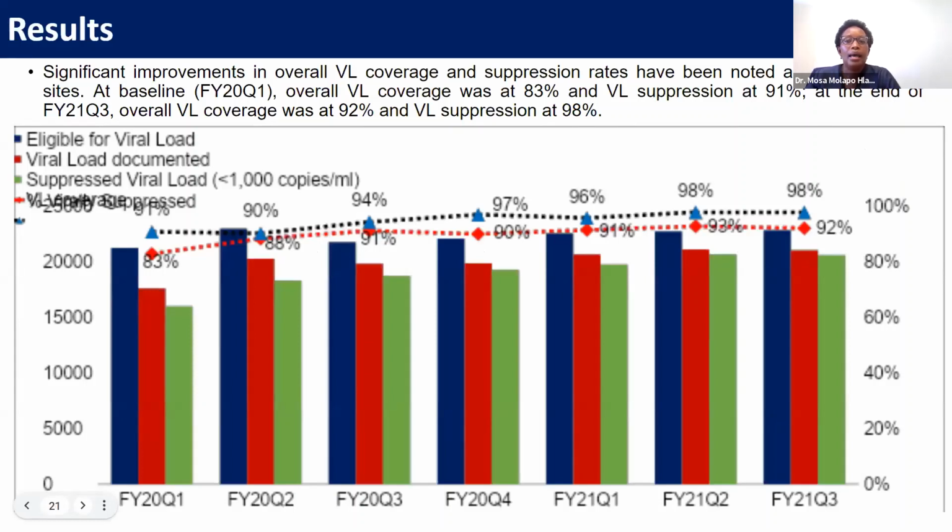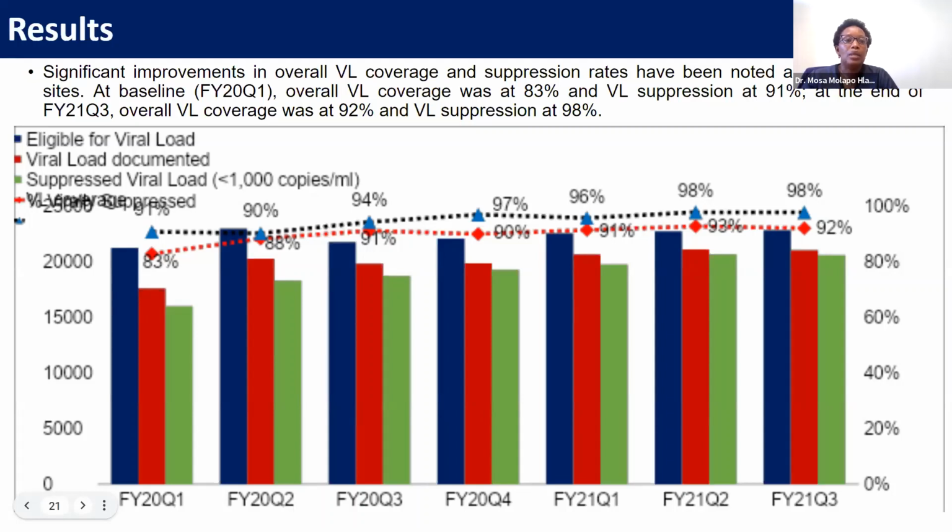Just a snapshot of our results. So as I mentioned, we started in November 2019, and we took over when at that time the overall viral load coverage was at 83%, with viral load suppression at 91%.